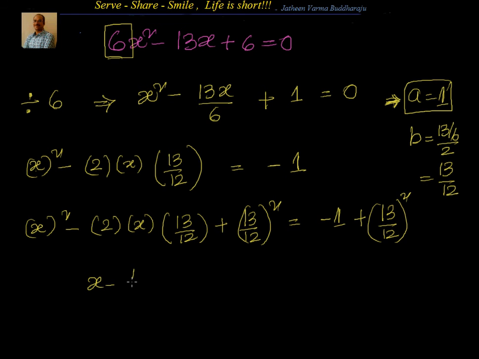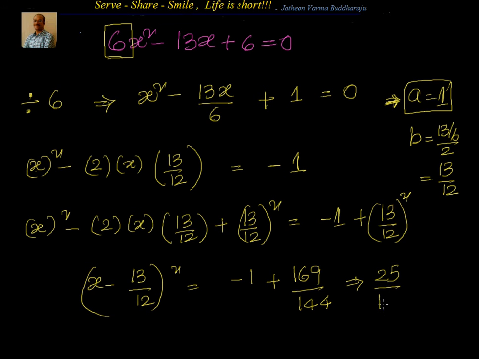Next step will be (x − 13/12)² = −1 + 169/144, which is equal to 25/144, that is (5/12)².